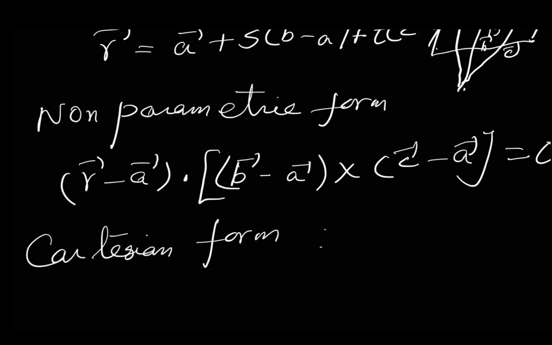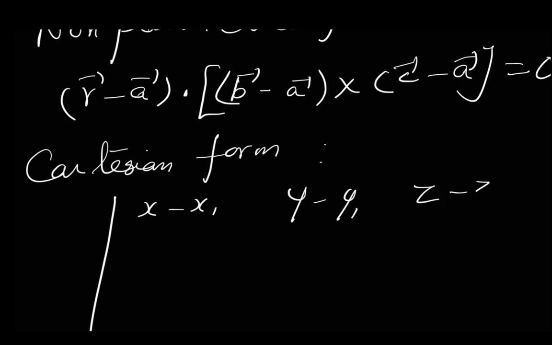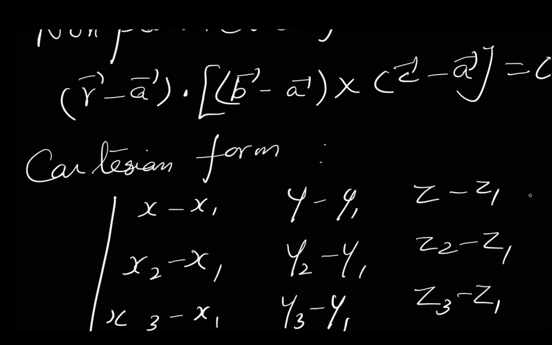Next is the Cartesian form. That is the determinant with rows x minus x1, y minus y1, z minus z1; x2 minus x1, y2 minus y1, z2 minus z1; x3 minus x1, y3 minus y1, z3 minus z1, is equal to 0.